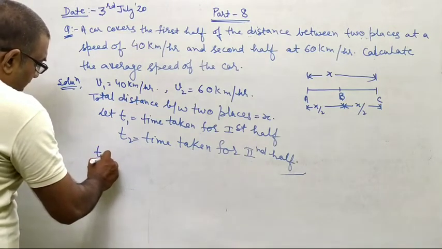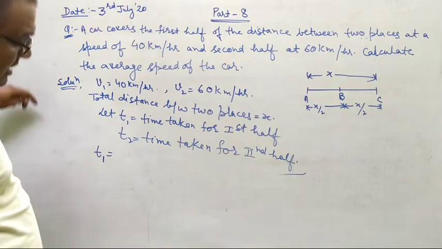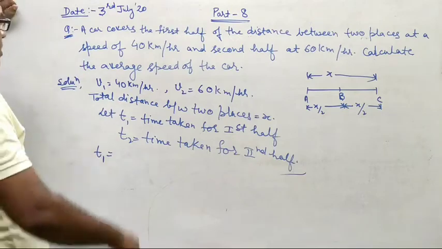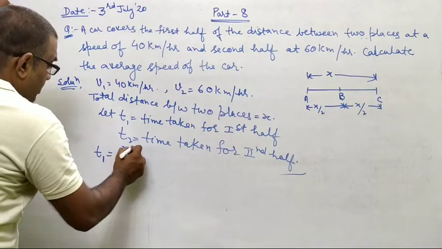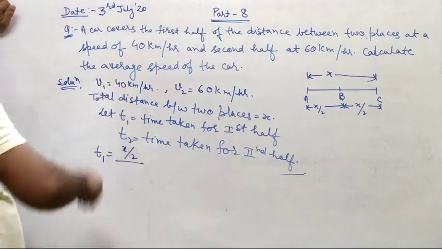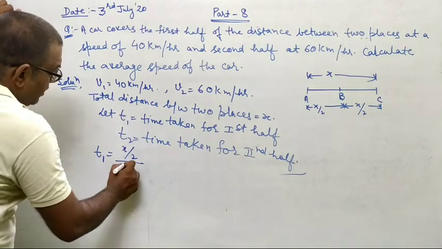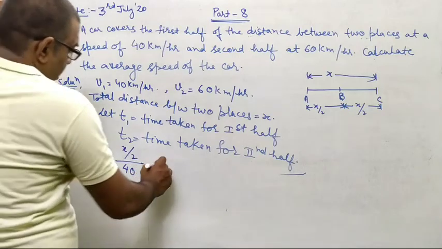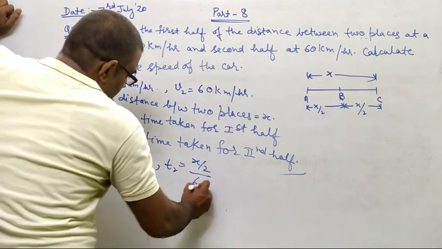How can you calculate the time? Time is distance upon velocity. For the first half, the distance is x by 2 and the car is traveling with velocity v1, that is 40, and t2 is equal to x by 2 upon 60.